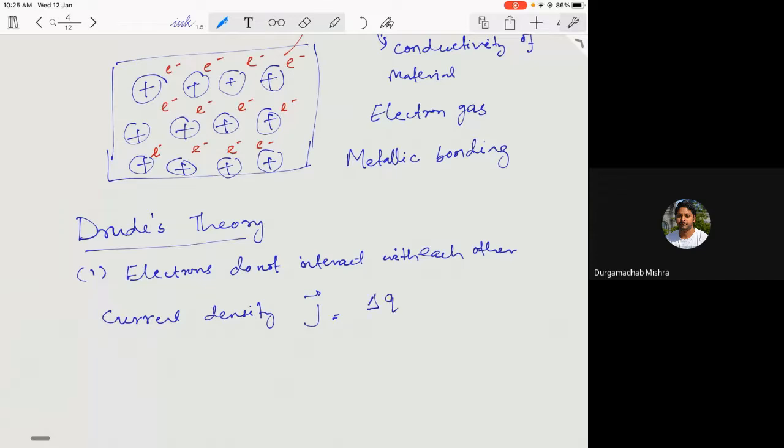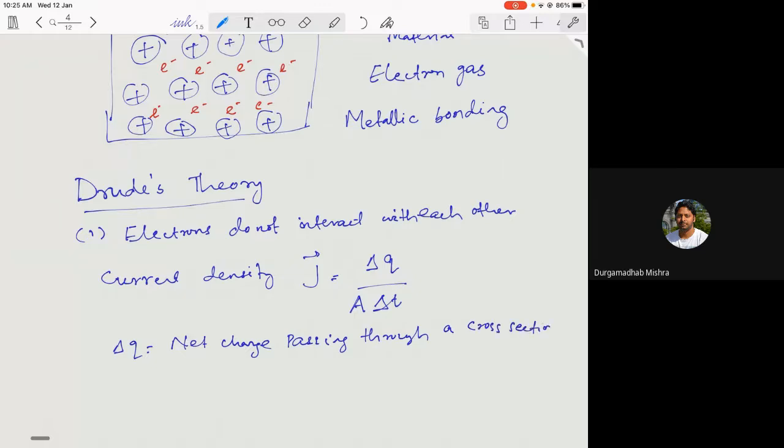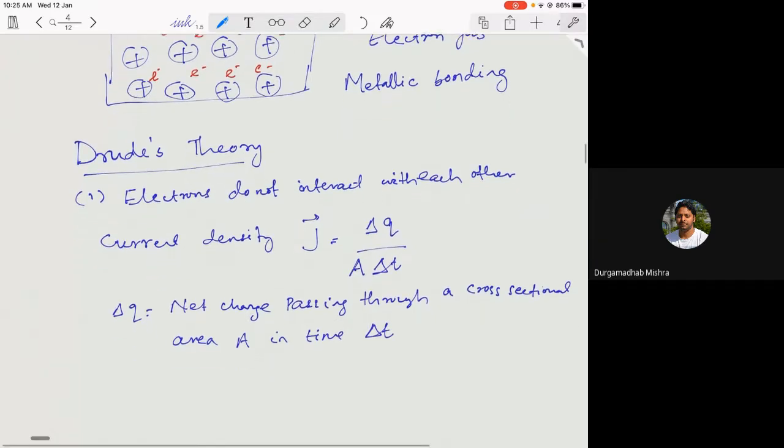This is the flow of charges through a cross-sectional area over time delta T. Here delta Q is the net charge passing through a cross-sectional area A in time delta T. This is the definition of current density.